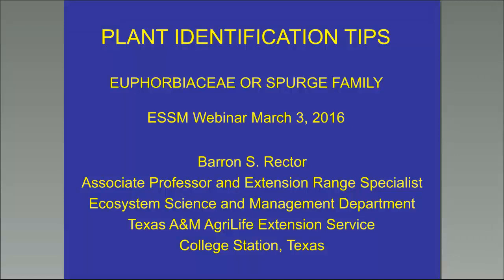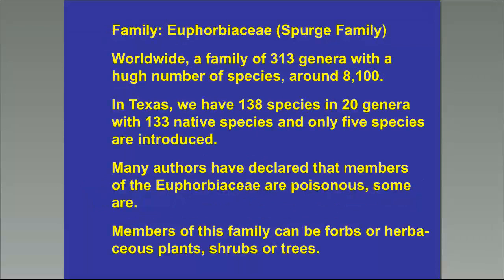Out of the 154 families of plants that we have in Texas, a lot of those families have different terminology, and so people who study plant identification and plant naming have to go through and learn a lot of terminology to be able to talk about things and look at it.